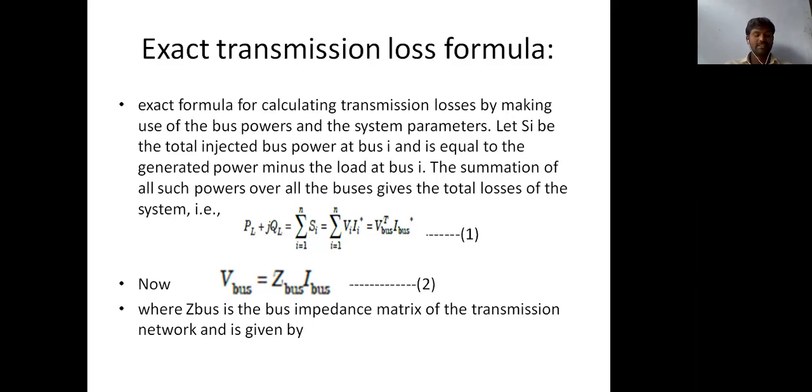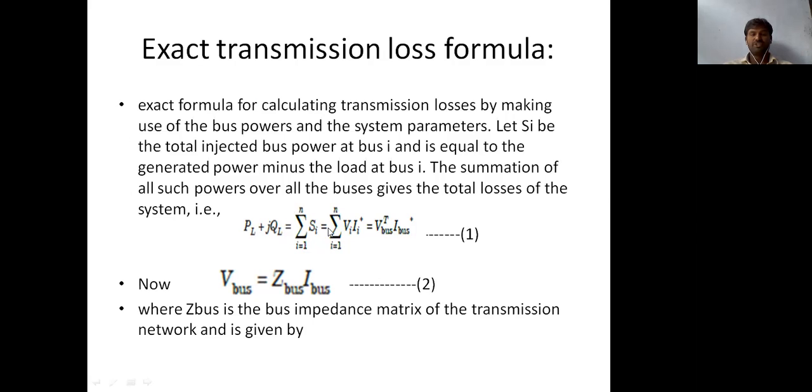According to the load flow equations, PL plus jQL, where PL means real power losses and QL the reactive power losses, equals the total summation of i equal to 1 to n of the total apparent power.